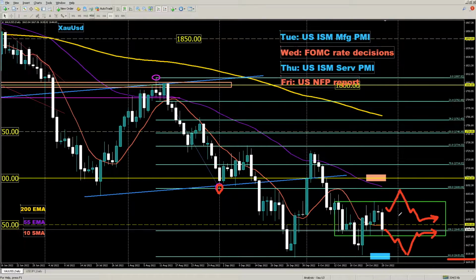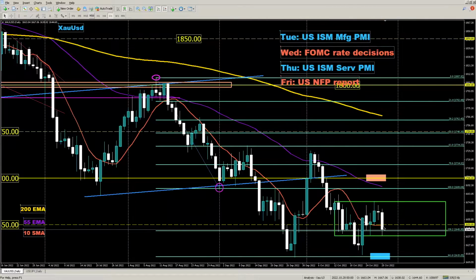So it needs to break out of this box, or whether it's just going to consolidate and just keep ranging within this box here. So most likely there's going to be a trigger to break out either way.